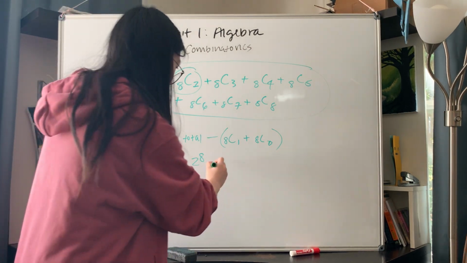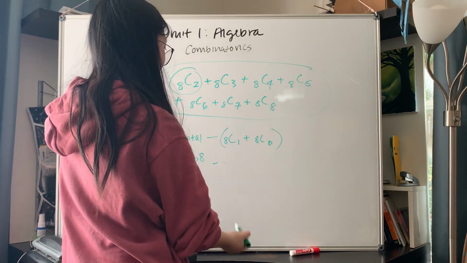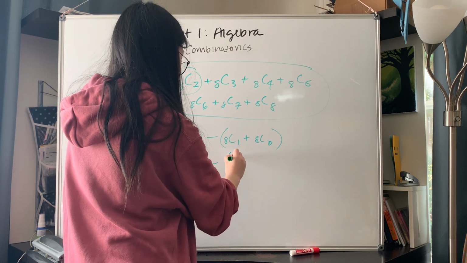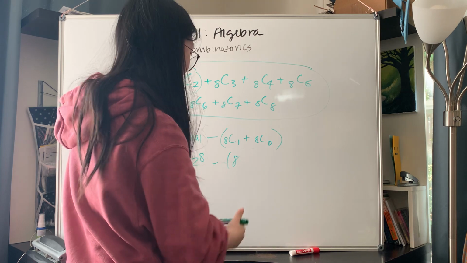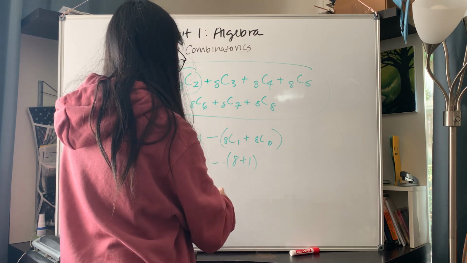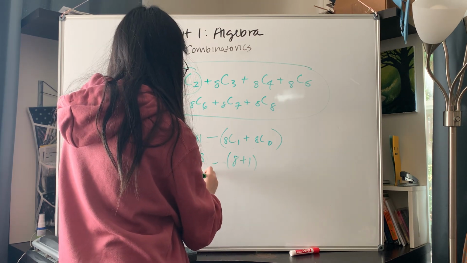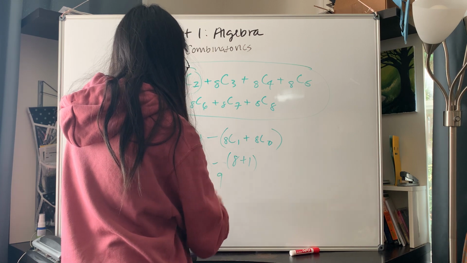And then we are subtracting 8 choose 1. Well, 8 choose 1 is 8. And 8 choose 0, as we discussed before in a previous video, is 1. So we have 2 to the 8th power minus 9.